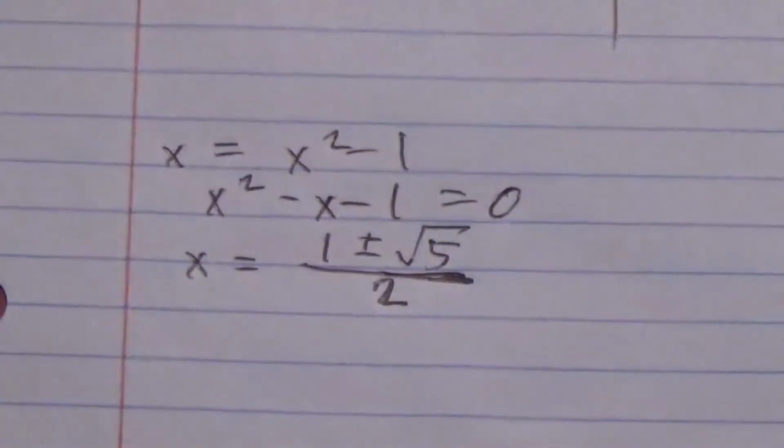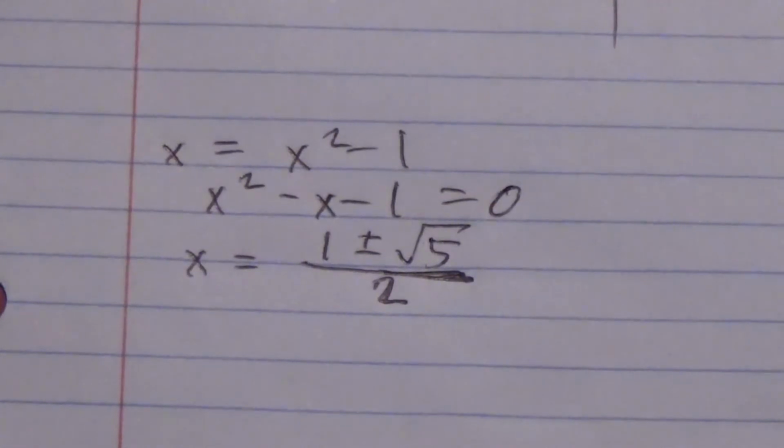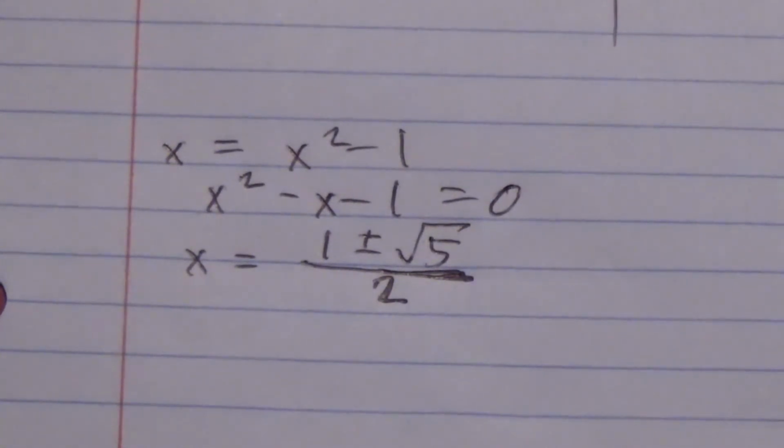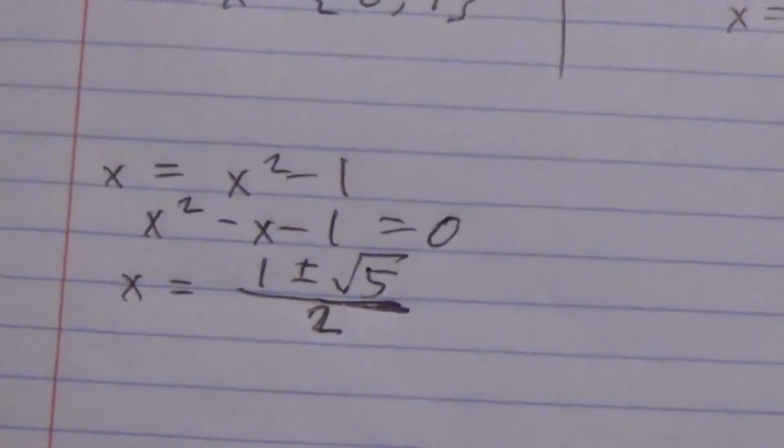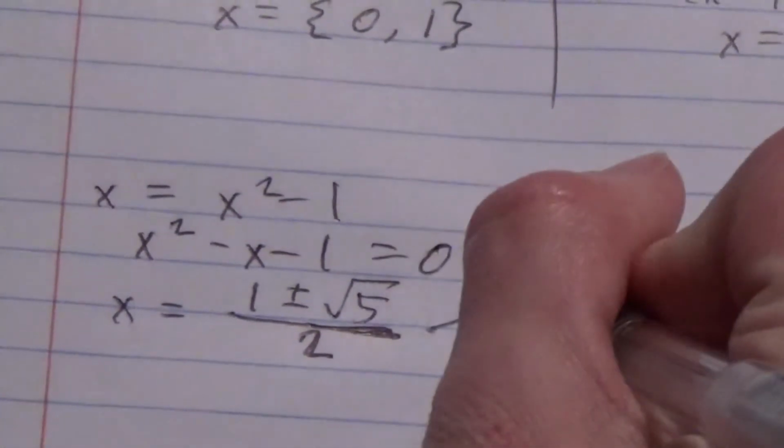Now, this might not look familiar, or it might, because it turns out that this positive solution is phi, the golden ratio. Approximately 1.6180339. And the negative solution is also closely related to phi. In fact, it is equal to 1 minus phi. So let me just make a note of that.